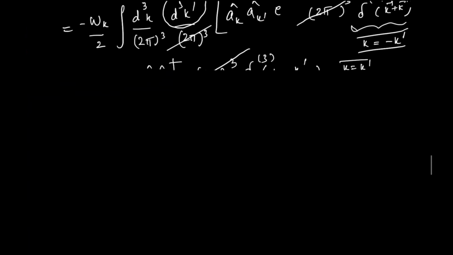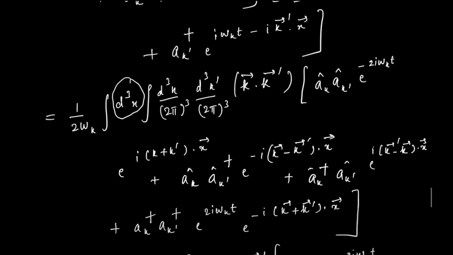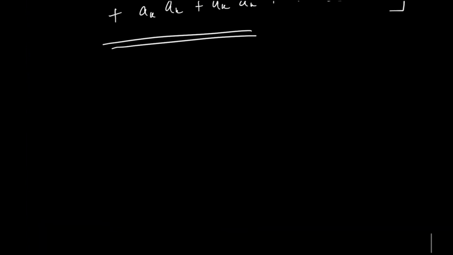So the last term in the Hamiltonian is the integral d³x of m² φ². m² I can take outside, or otherwise I can multiply it in the last step while adding everything up.